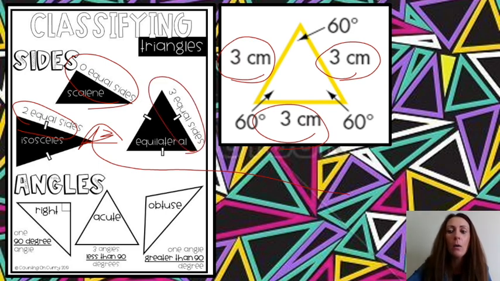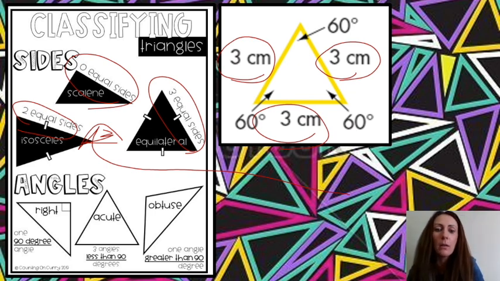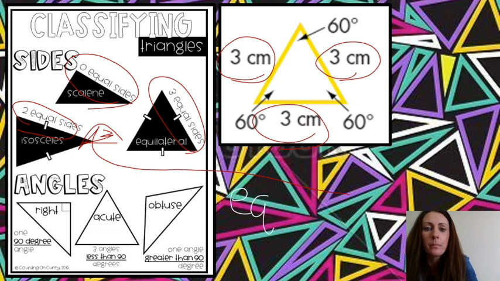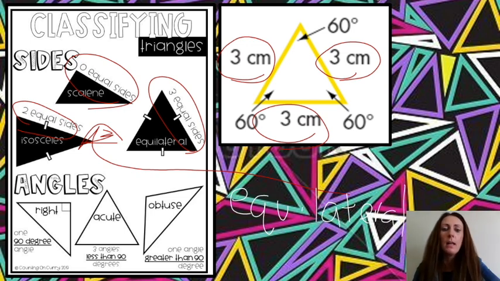So I know that this triangle is an equilateral triangle. So I'm going to write that down. So I have equilateral. It's really hard to write with your finger like that. Okay, so I have equilateral.